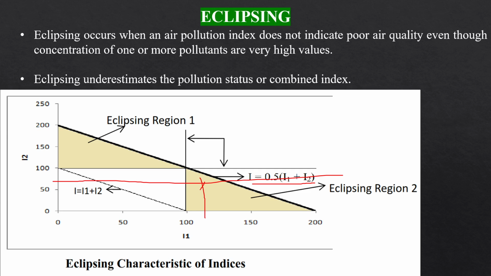Though the standards are actually violated for I1, the combined index underestimates the pollution. So eclipsing occurs when the air pollution index does not indicate poor quality even though the concentration of one or more pollutants is very high. So it underestimates the pollution status.